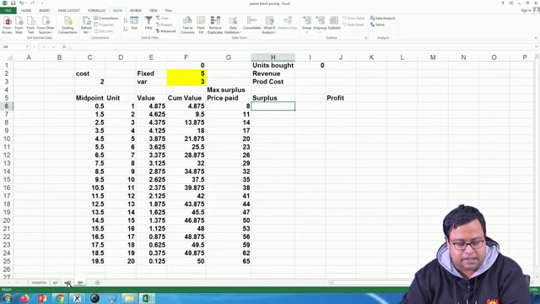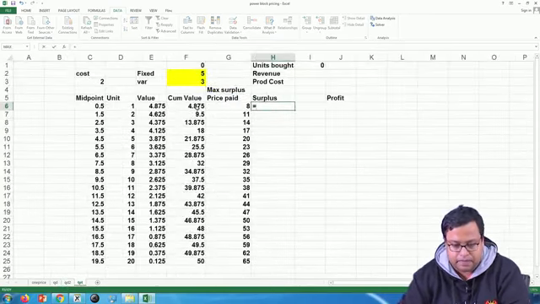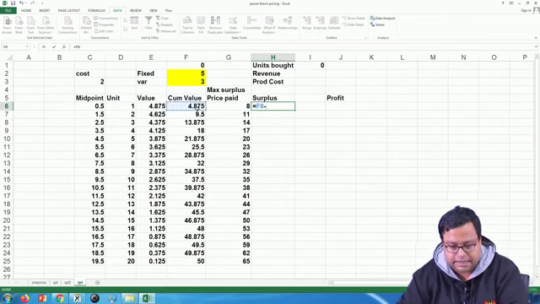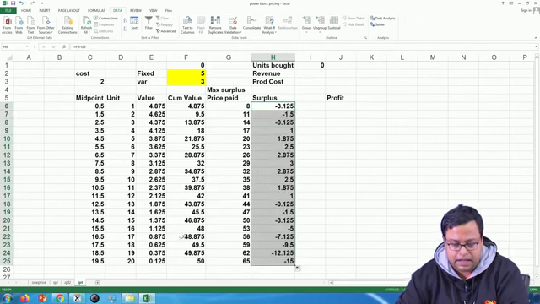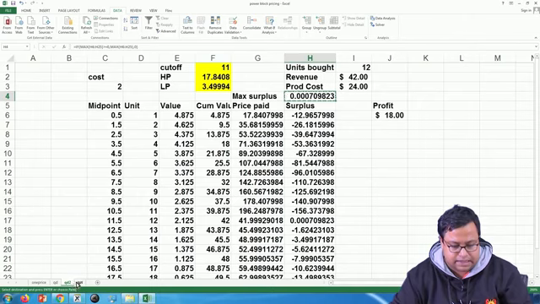Then what is the surplus? The surplus is nothing but your cumulative value minus the price, and that is the surplus, and the rest of the formula I will just copy from here, there is nothing new to say.